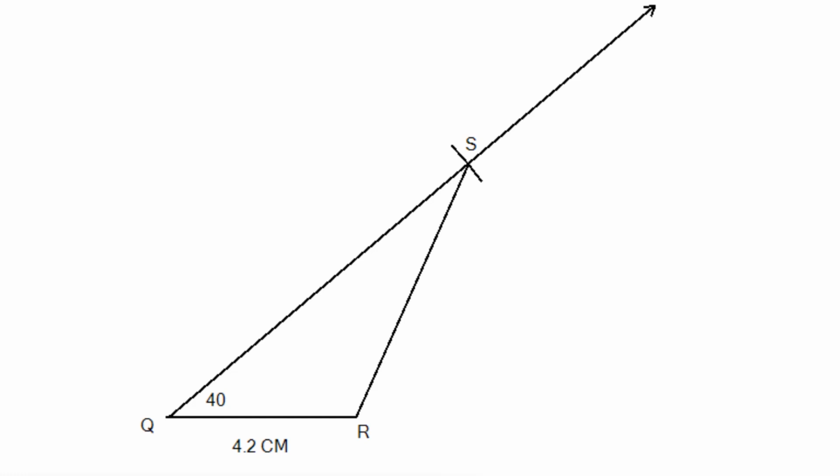So what is the last part of this construction? Construct the perpendicular bisector of SR. And what is the first step? Consider R as center and with any suitable radius greater than half of RS. I'll consider a five centimeter radius.